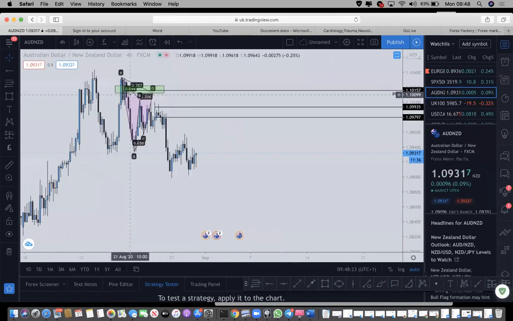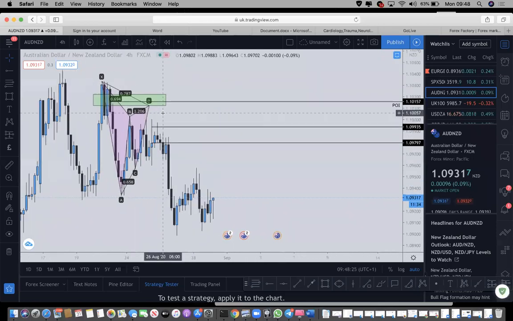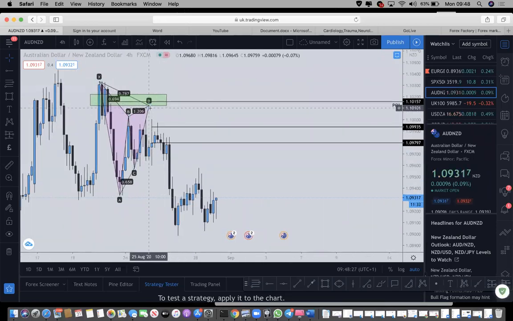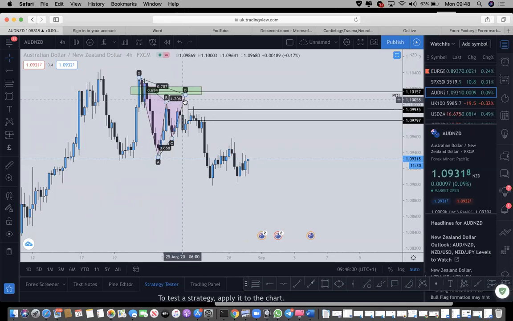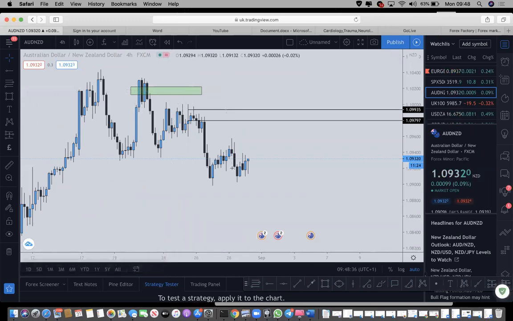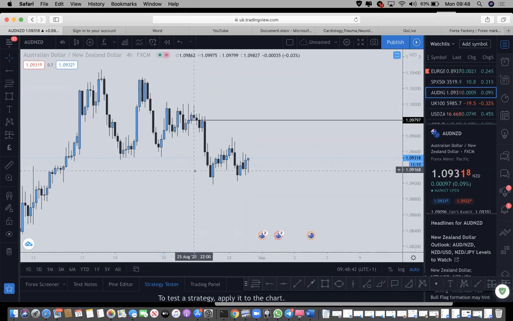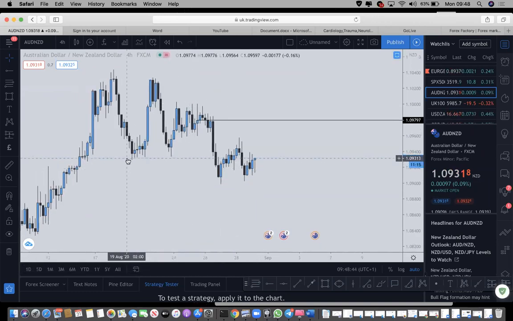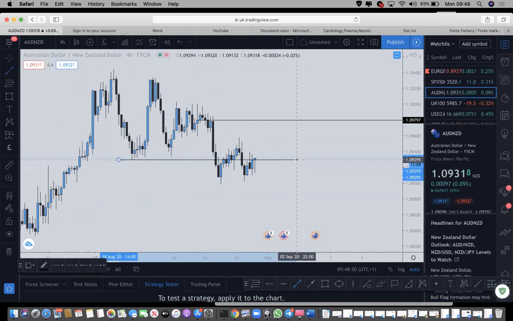So AUD NZD, I need to take this off because the pattern is now invalid. For AUD NZD, we've broken market structure right here to the downside.